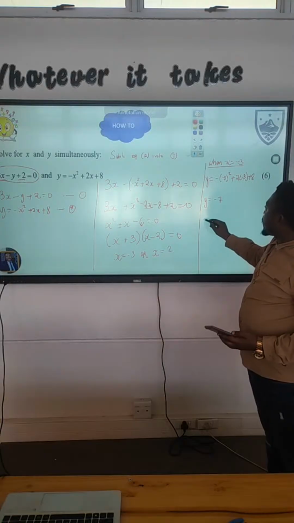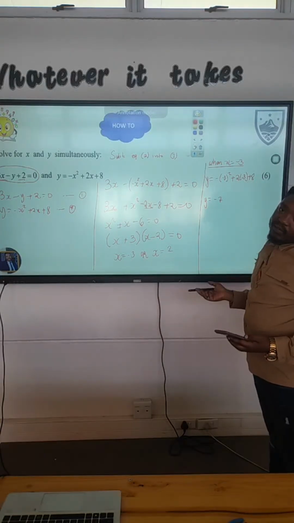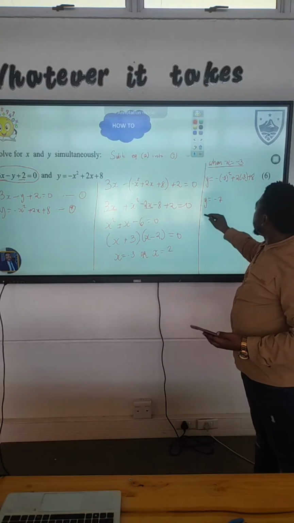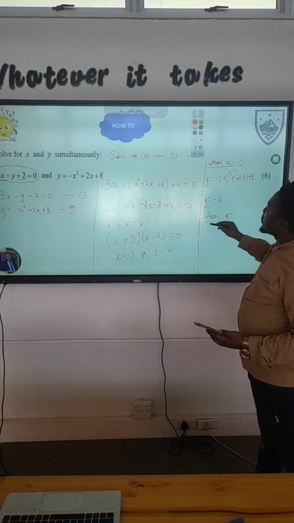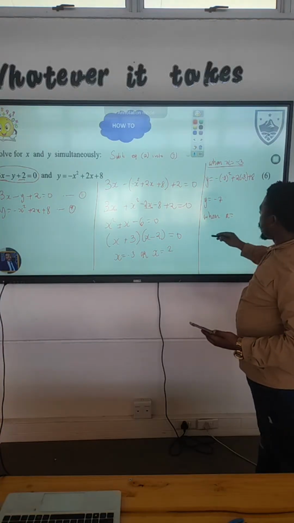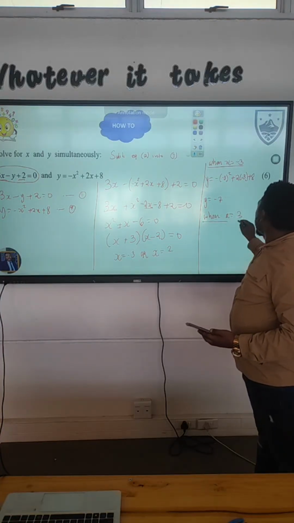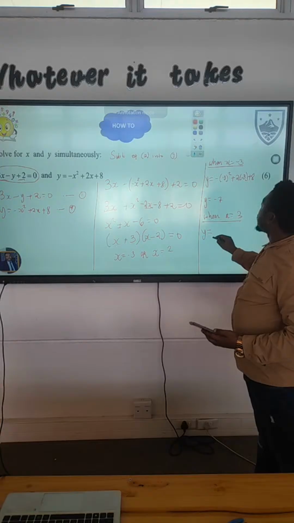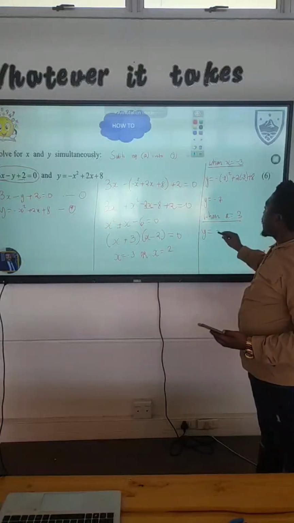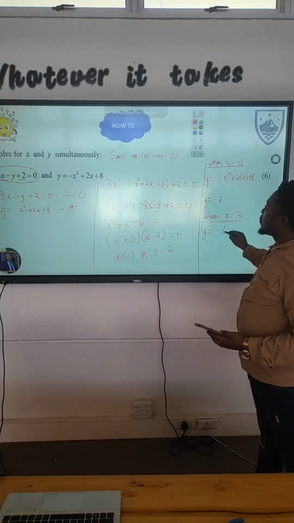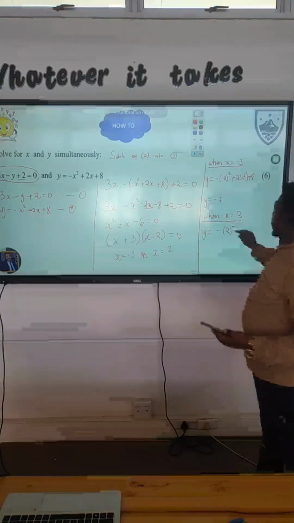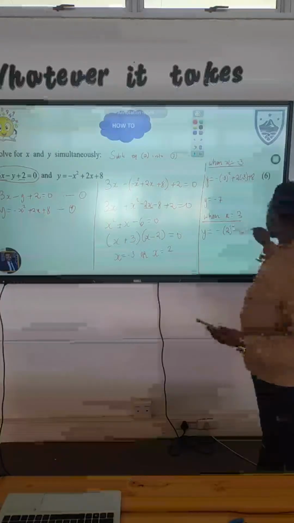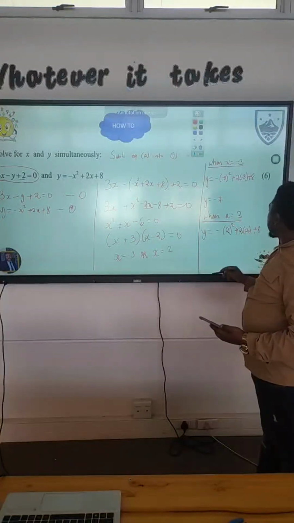And then the second one, I'm using this because y is going to be the subject of the formula, but you can use any of the equations. When x is equal to 2, so my y will simply be a negative, and then I have a 2 squared plus 2 multiplied by 2, and then plus 8.